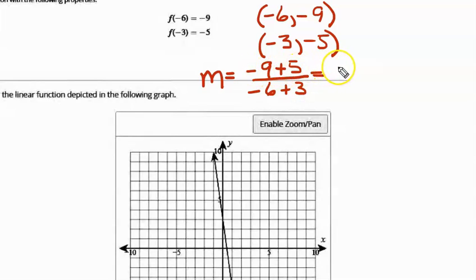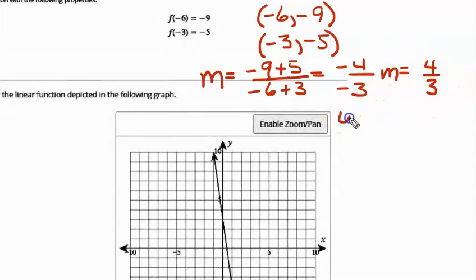Our numerator becomes -4 over -3, so our slope is a positive 4/3. If our slope is 4/3, what is the equation?